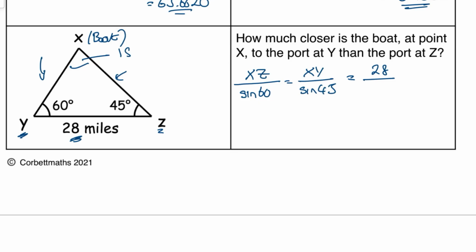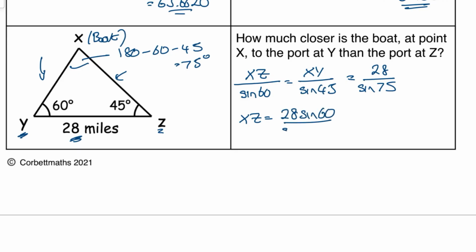And of course, this angle here is 180 minus 60 minus 45, which is going to be equal to 75 degrees. So that's going to be over sine 75, which means XZ is equal to 28 sine 60 over sine 75. Let's just work that out.